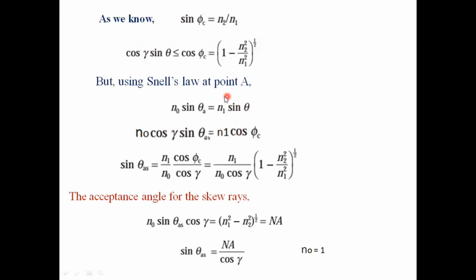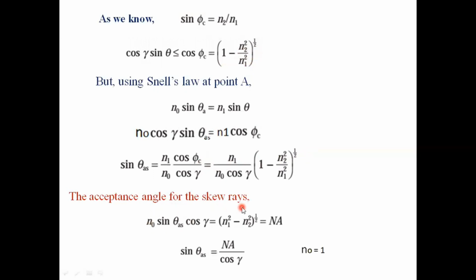So this expression represents Snell's law for meridional rays, and this expression represents Snell's law for skew rays. Therefore sin theta as equal to n1 by n0 times cos phi c by cos gamma, that's equal to n1 divided by n0 cos gamma times (1 minus n2 square by n1 square) whole power half, where cos phi c equal to (1 minus n2 square by n1 square) whole power half.